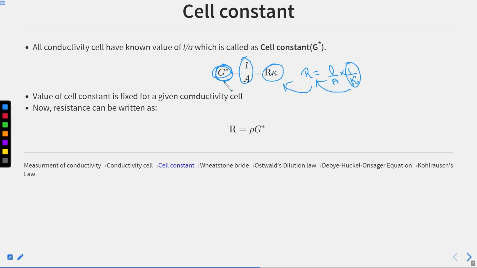Further, we can write resistance in terms of G star, that will be R equals rho G star, because we know the formula very well, which is R is equal to rho L by A. So we replace this L by A with G star and we got this formula.